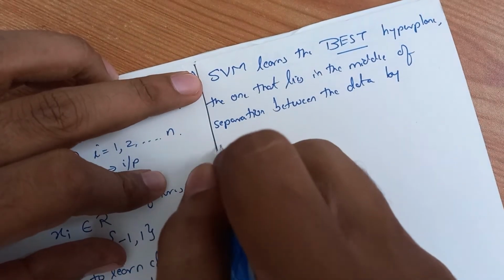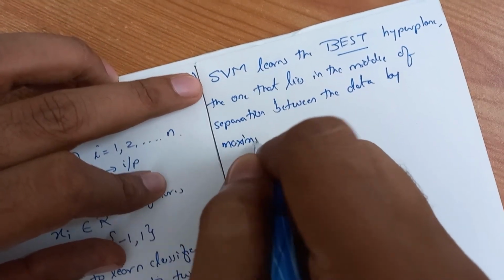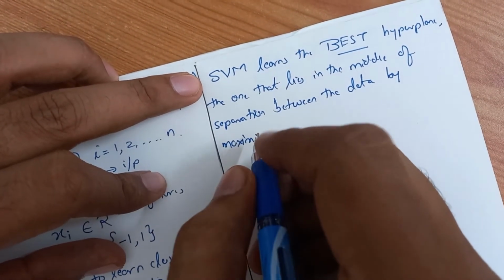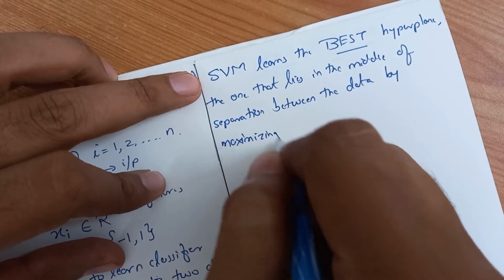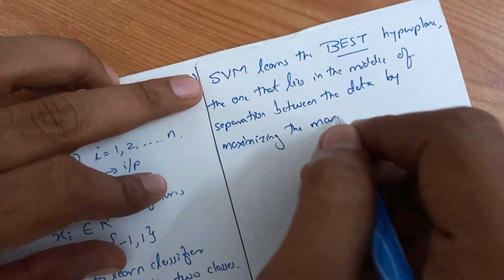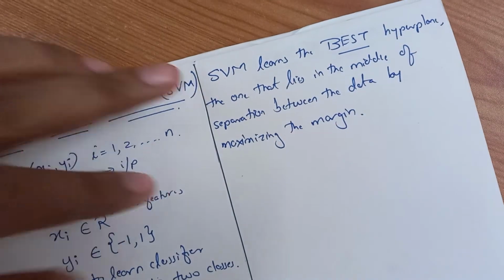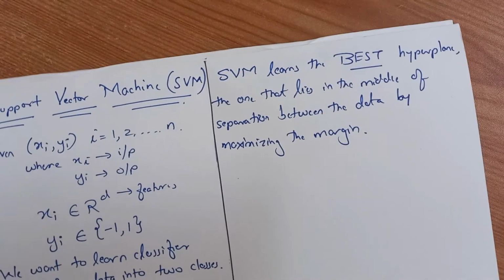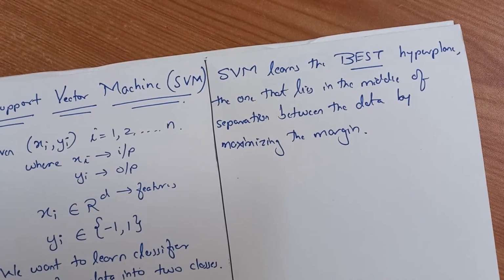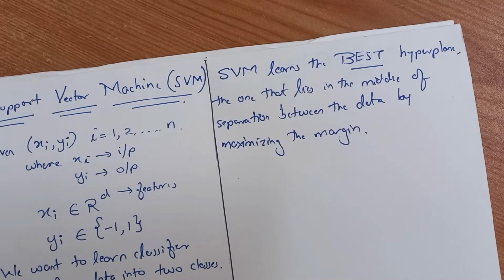By how? By maximizing the margin. Okay, so this is what SVM says. So SVM learns the best hyperplane, the one that lies in the middle of the separation between the data, by maximizing the margin. Now what is margin here?